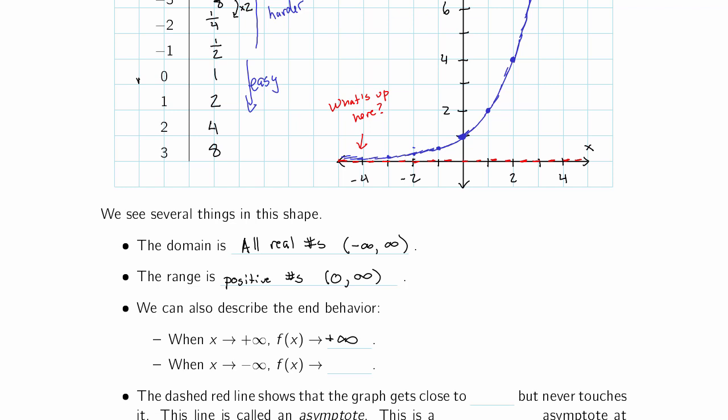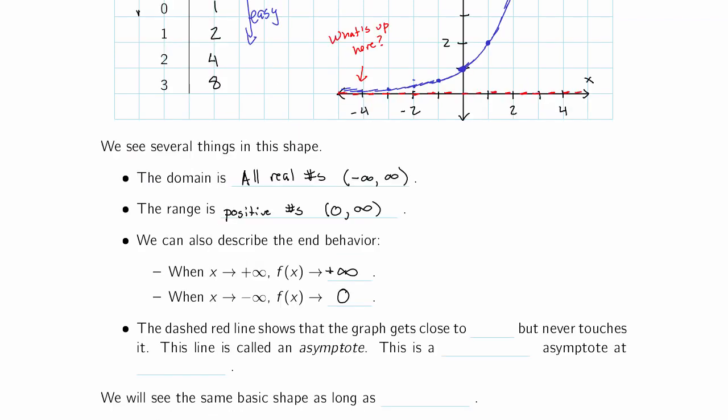In fact, we get as close as we'd like to 0. We don't get very, very negative. We get very close to 0. And that's what's shown by that red dashed line in the graph. That red dashed line shows that the graph gets close to 0 but never touches it.